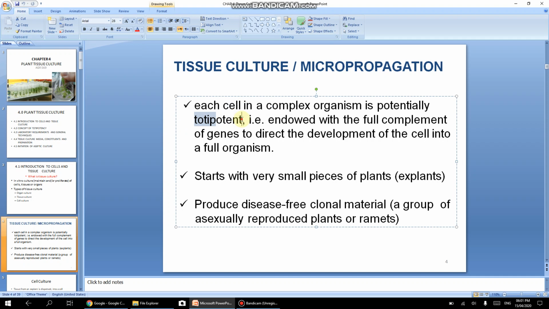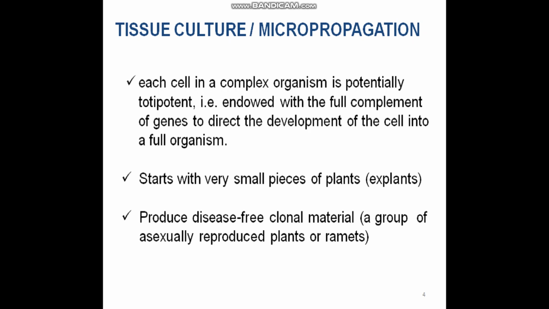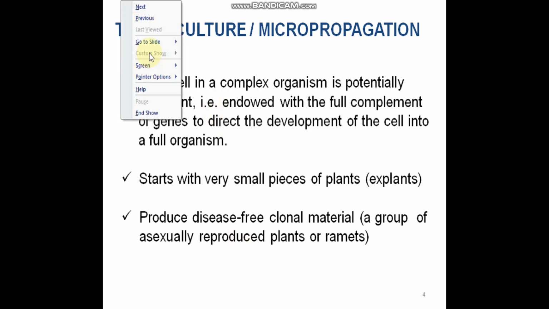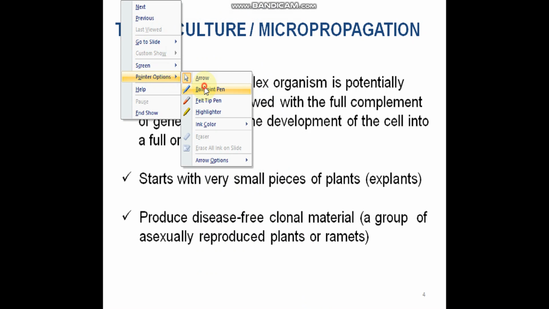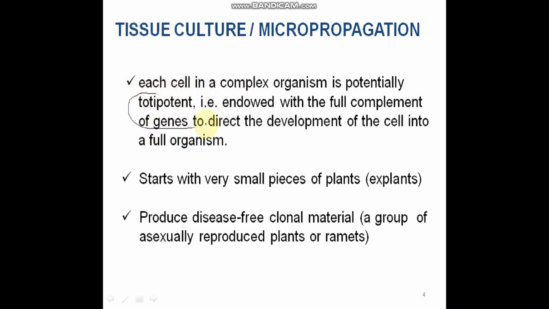the word right here, totipotent, means total potential. Total potential means it has the total potential of becoming anything. So when you say total potential, that means if let's say you have one cell that has not been differentiated yet, that cell can be anything.